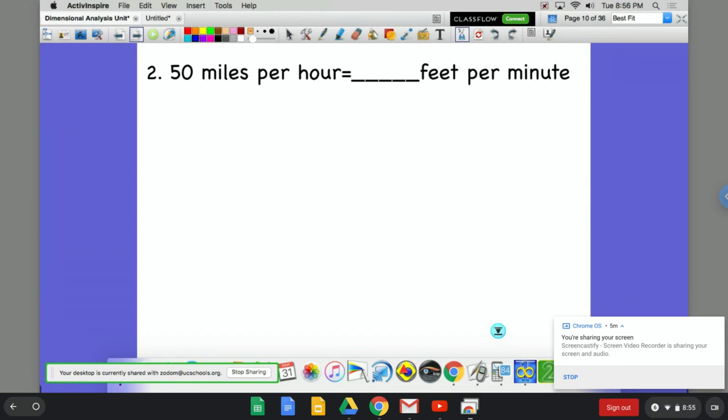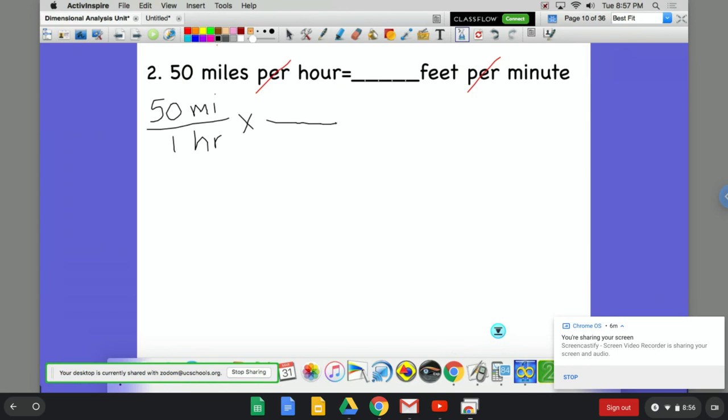All right, so we have 50 miles per hour, and we're trying to get to feet per minute. So we're going to take what we got, write it over 1 hour. And now you got to choose. We're trying to go from miles to feet or hours to minutes.